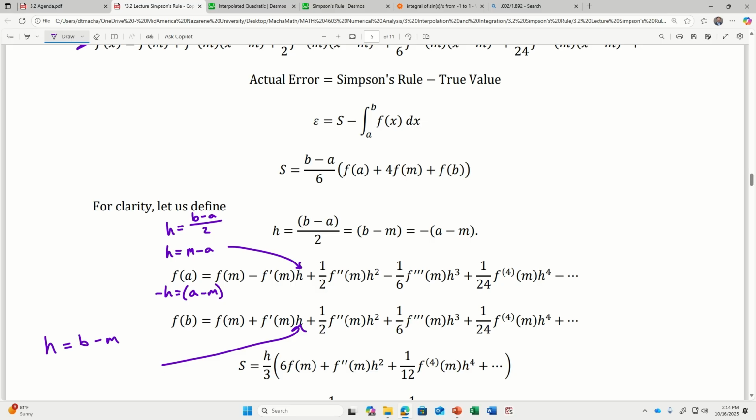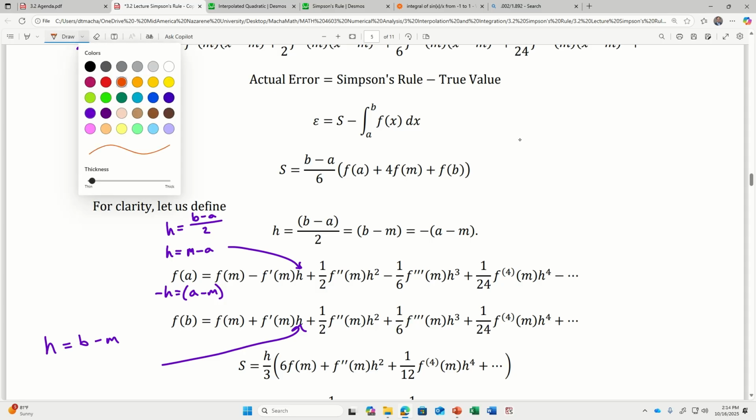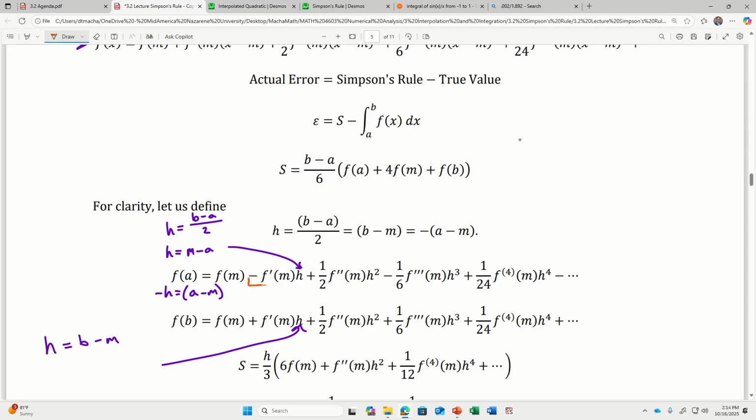What about the terms that have h to the 1 power? Well, this term has negative f prime of m h to the 1 power. This term has positive f prime of m h to the 1 power, and so those are going to cancel each other out.